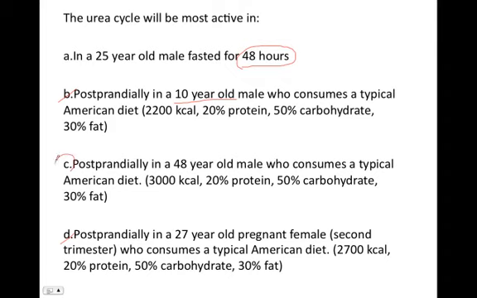That leaves us with C, which is the correct answer. In this individual, there is little new protein synthesis besides regular protein turnover, and the diet contains ample protein. There will be ample room for amino acid degradation, and the urea cycle will be most active under these conditions.